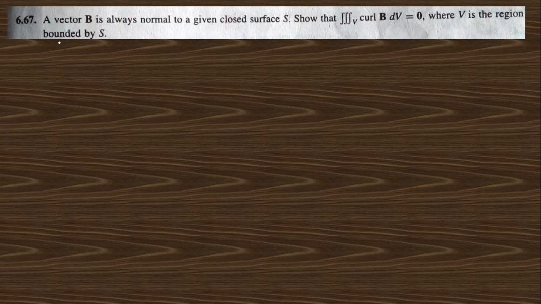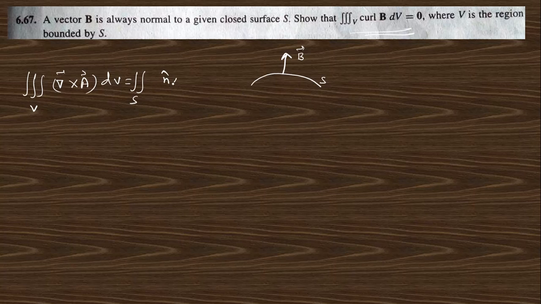The next question says that vector b is always normal to a closed surface S. That means this is a surface S and vector b is along the normal of this surface, so this integral will be 0. For that you need to know the formula given in the M.R. Spiegel book. The formula says that the volume integral of curl of a vector dv is nothing but the surface integral of n cross a vector ds.